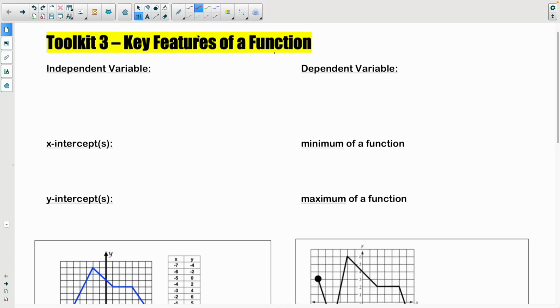This is on key features of a function. First thing we're going to look at are the independent and dependent variables. The independent variable is your x.